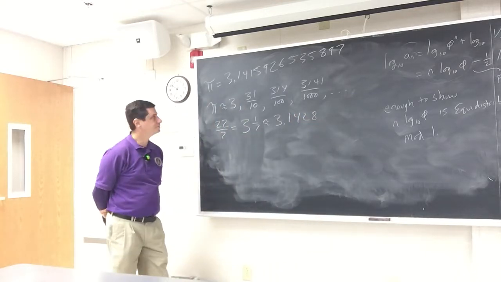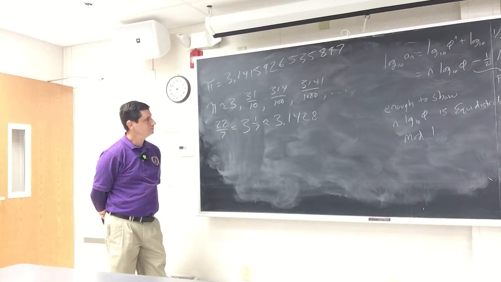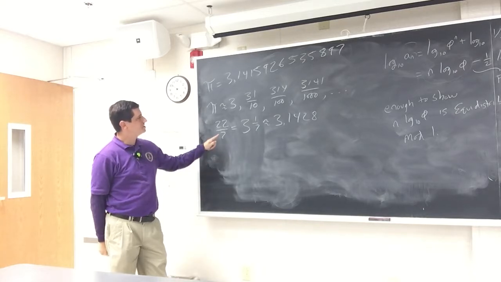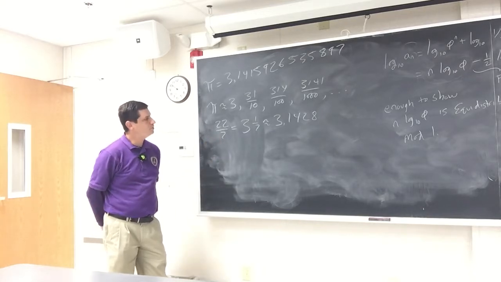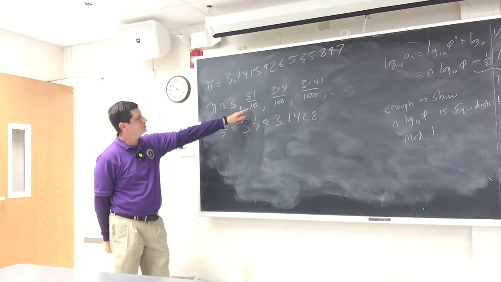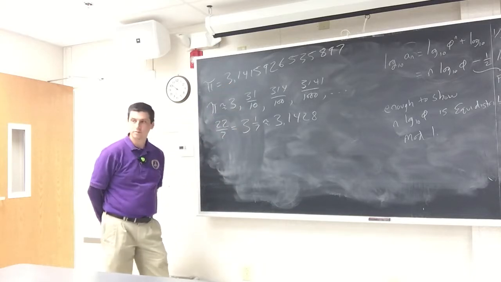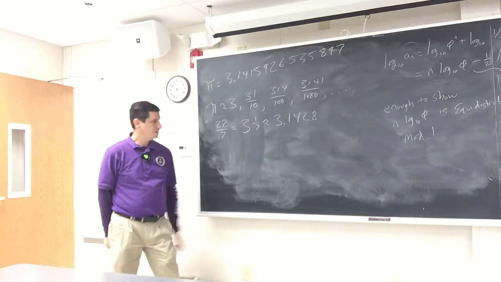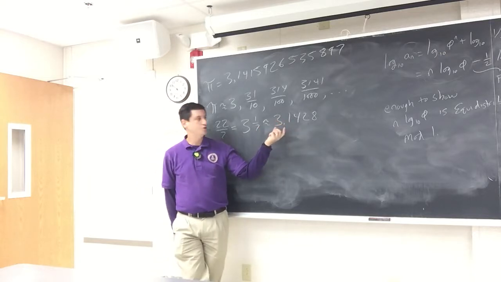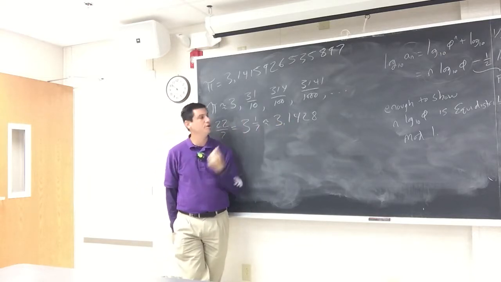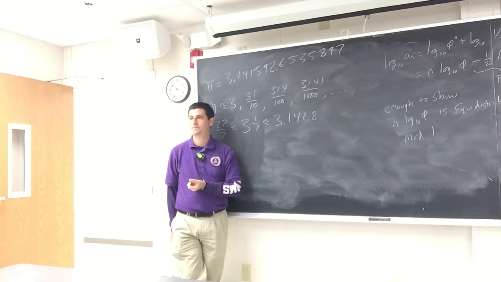So using just 7, we get 3.1428. Using 10, we get 3.1. This is much better. So 22/7 is a better approximation than 31/10.